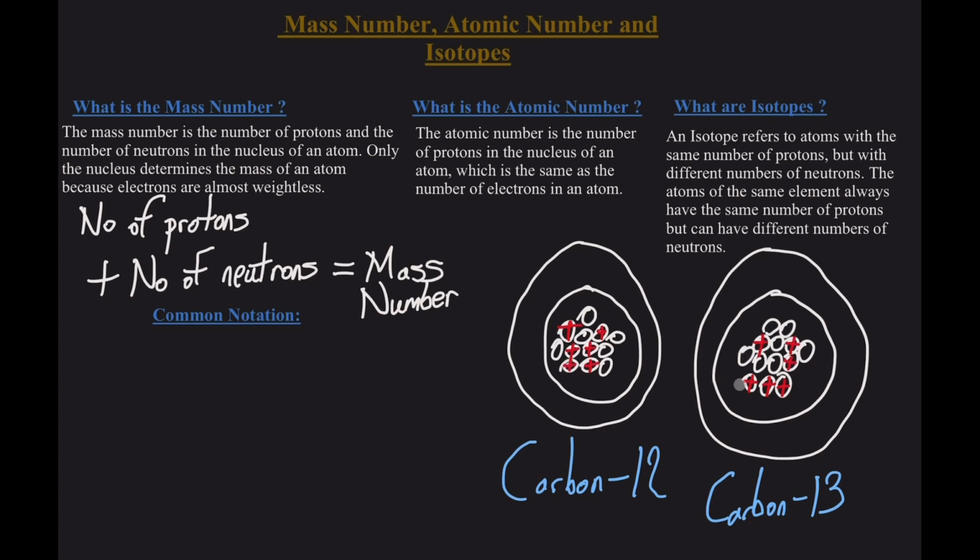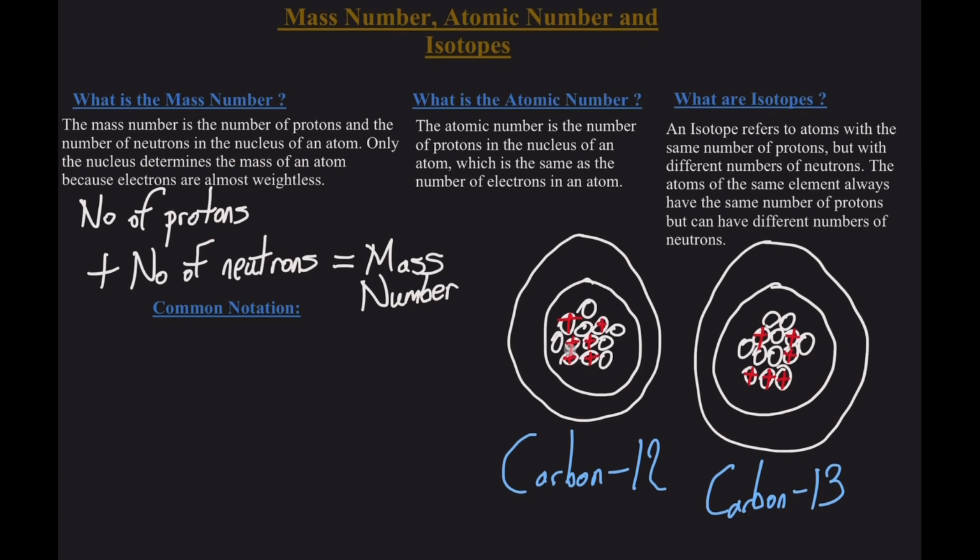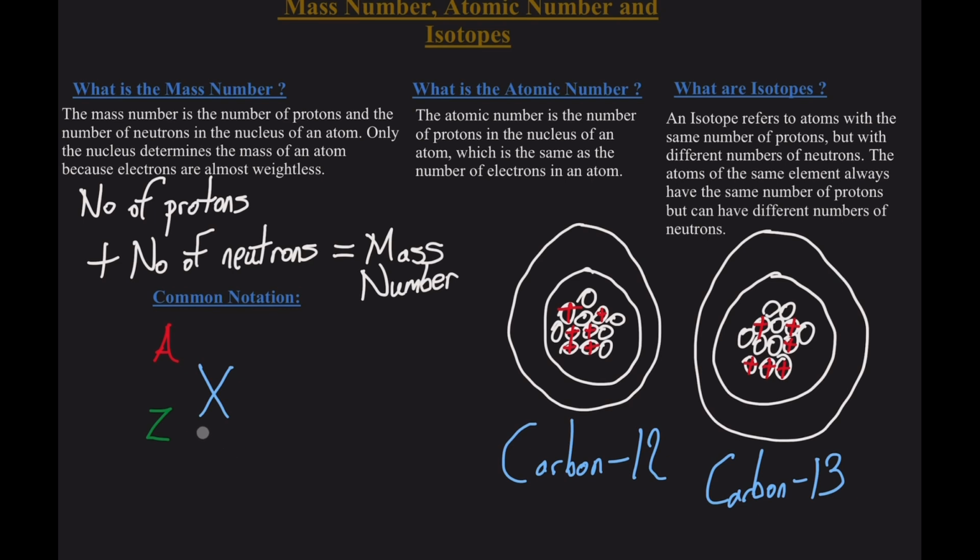So the number of neutrons is different in carbon-12 and carbon-13. This makes carbon-12 and carbon-13 isotopes of each other, because although they have the same number of protons, their number of neutrons differ.